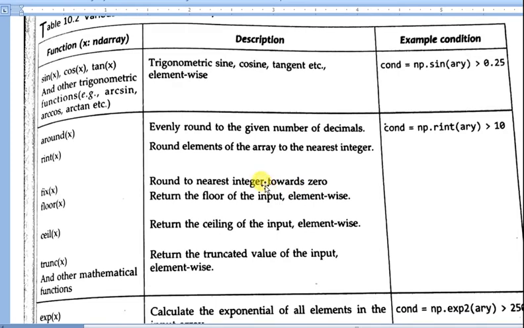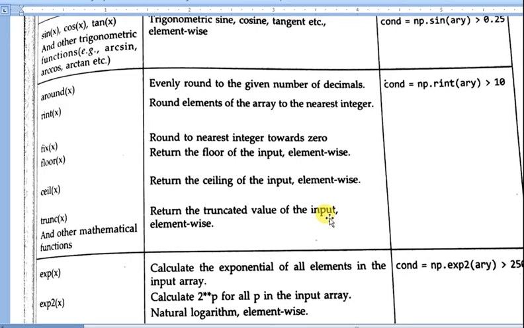So if the value is 2.9, it becomes 2, because it moves towards 0. Floor also rounds the floor of the input element-wise, so this is the same as fix. Ceil will return the ceiling of the input element-wise. So if the value is 2.1, it returns 3. Truncate the value of input.